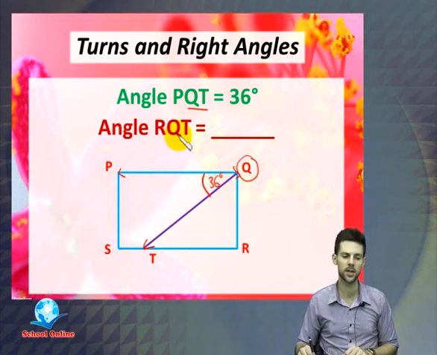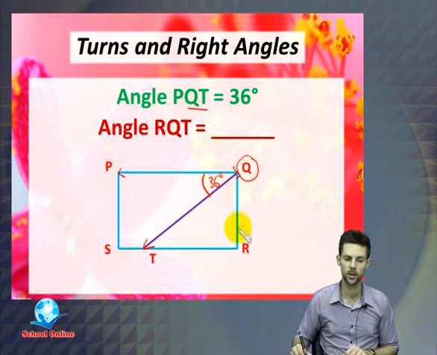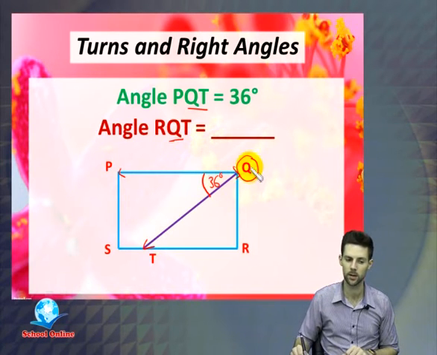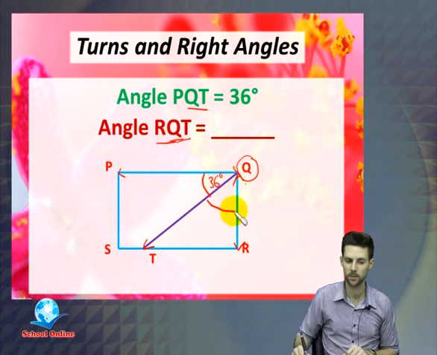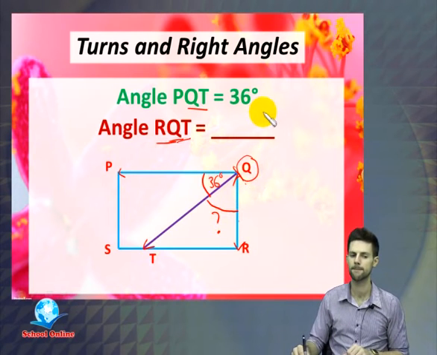What is angle RQT? So look for Q again, in the middle, Q. Line RQ is here, and line QT is this line here. So we want to find out the size of this angle. How do we do that?